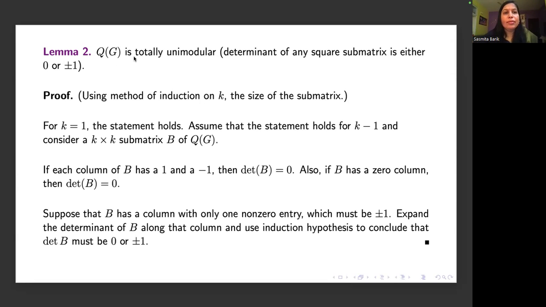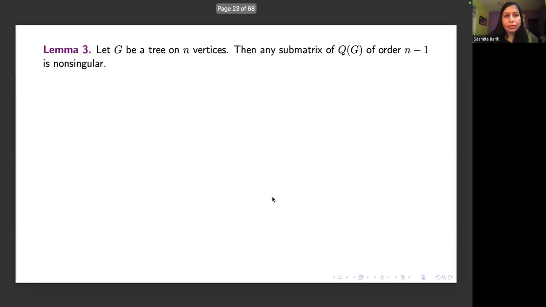So what we got is QZ is totally unimodular. I'll use this in the next result and also in matrix theory. Here is an interesting consequence: if you are taking a tree, obviously you have n minus 1 edges, so your matrix is n cross n minus 1.